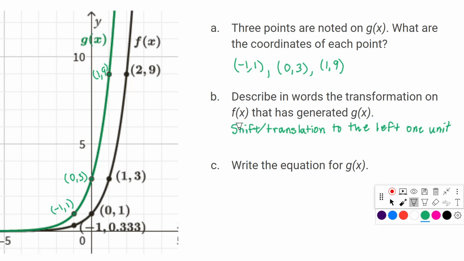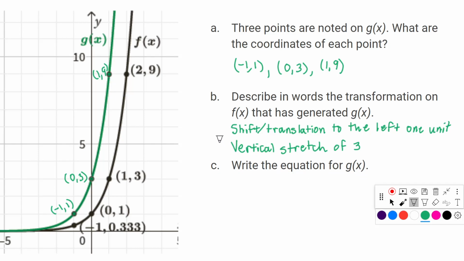So you might also say that it is a vertical stretch, and we're calling it a vertical stretch because the points moved higher, of 3. And the reason it's of 3 is because the y values of f of x are multiplied by 3 to get the y value of g of x.